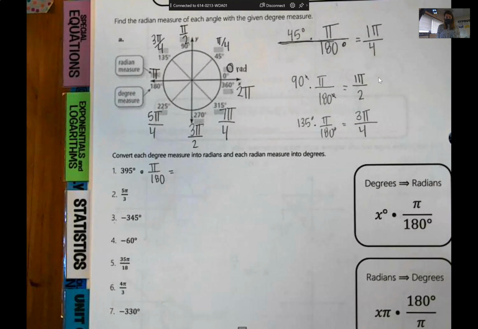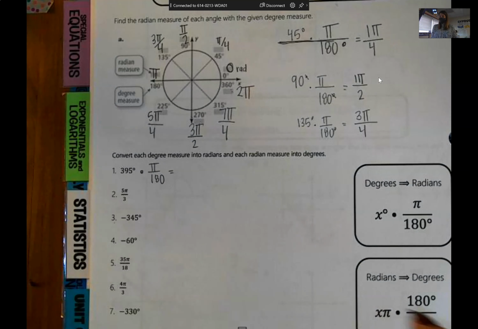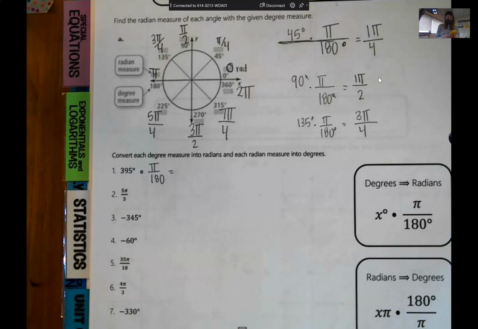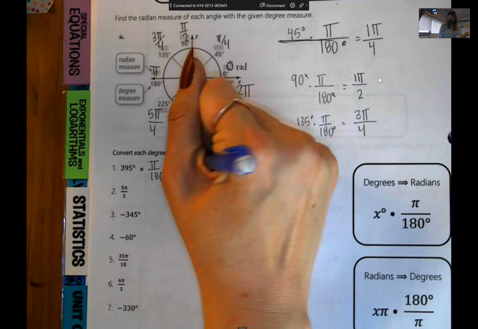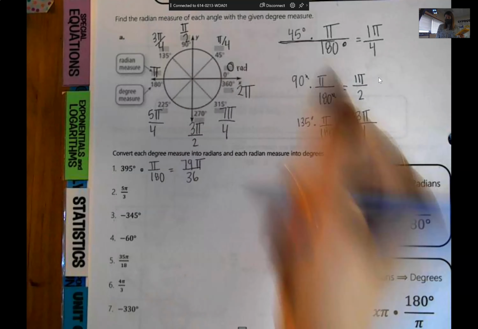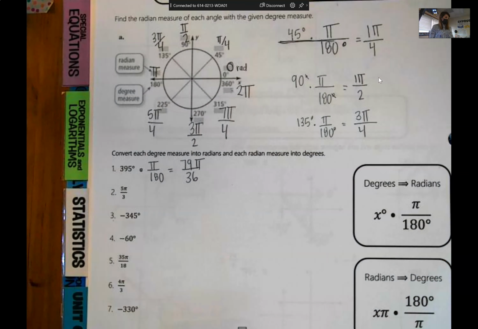In Desmos, we would just plug in 395 over 180, and then you would have to convert to change it back to a fraction. So 395 over 180. That one did not come out nice for me. Did it come out nice for you? Oh, yeah. So 79 pi over 36. That one does not look nice.